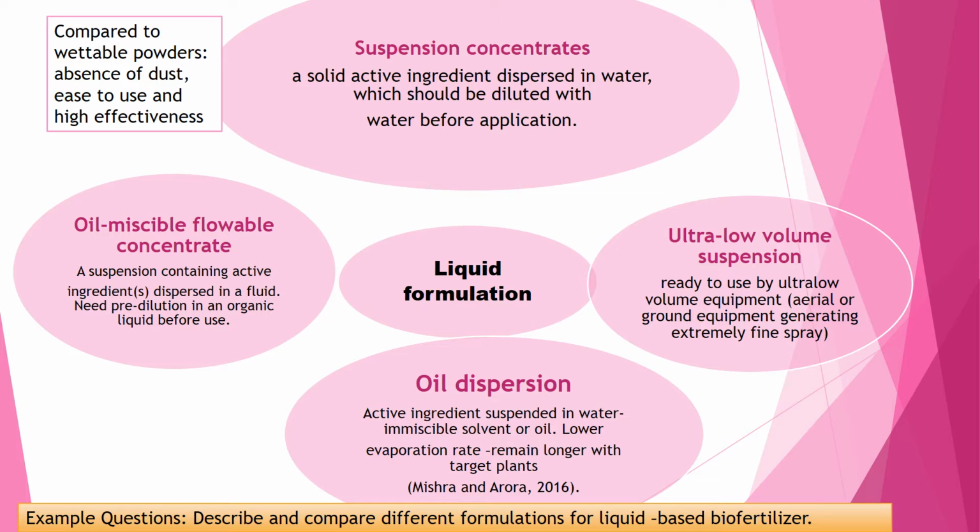Another one is called ultra low volume suspension. This is ready to be used by ultra low volume equipment. For example, we want to generate a very fine, extremely fine spray using aerial or ground equipment. We can use this ultra low volume suspension. Another one is oil miscible flowable. Miscible is whether it can mix or not.